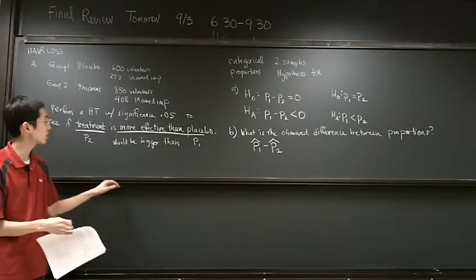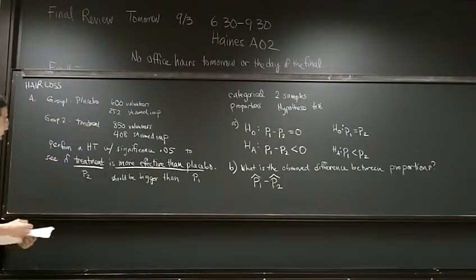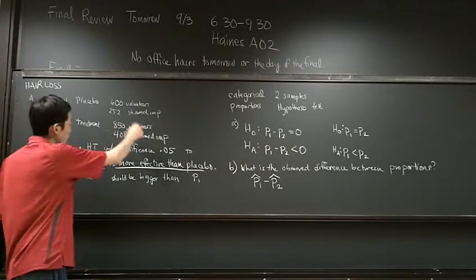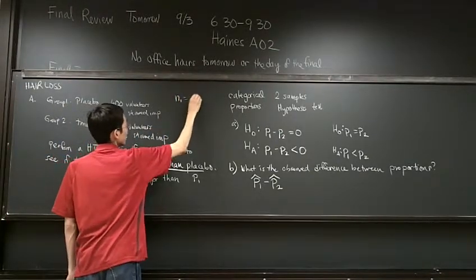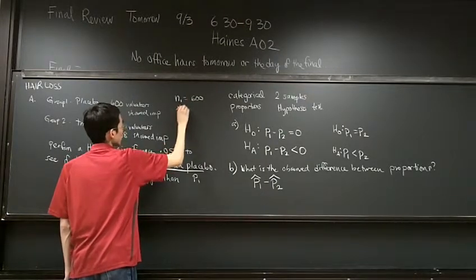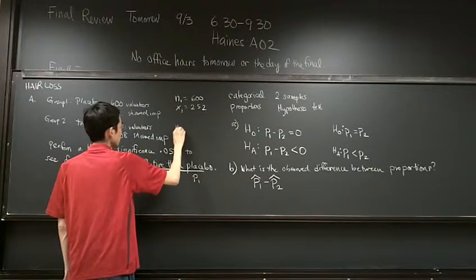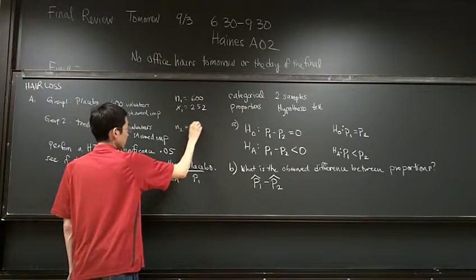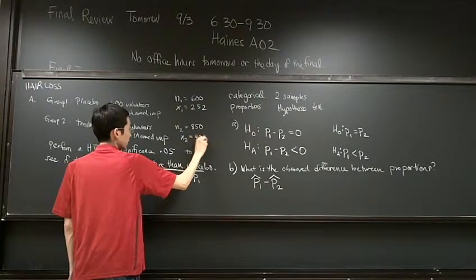So let's take a break and just look at the numbers that we have. We have group 1, that is N1 equal to 600 and X1 equal to 252, and over here we have N2 equals 850 and X2 equals 408.